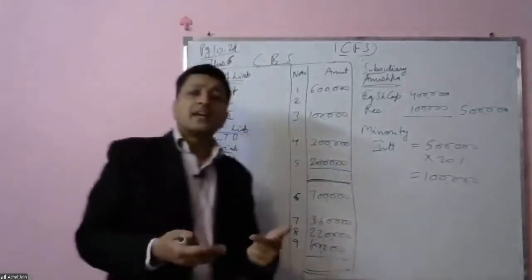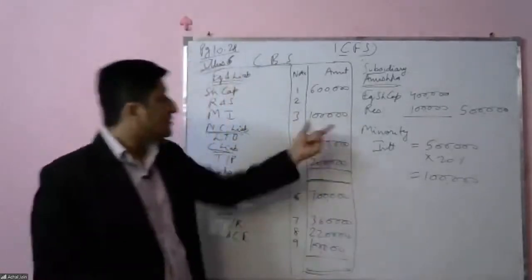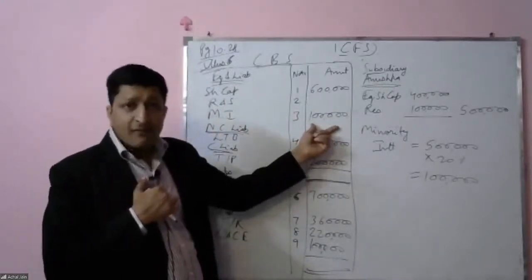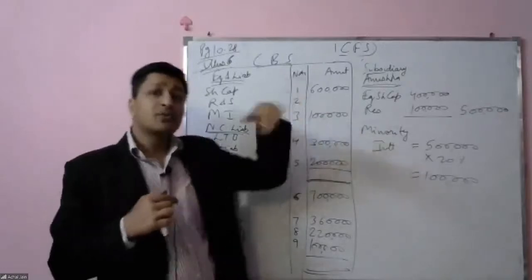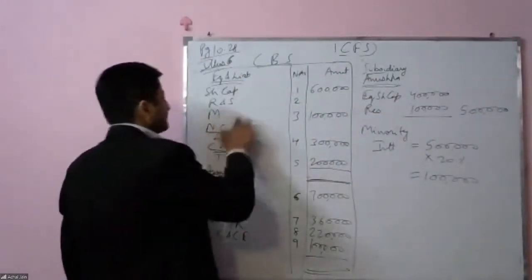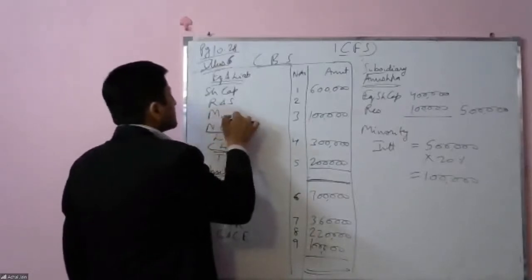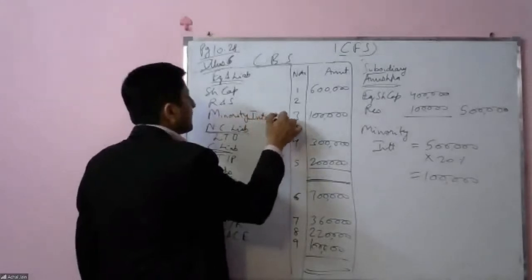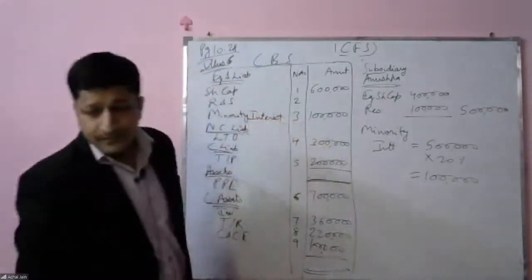And because you have taken 100% of the assets of the subsidiary, this entire balance sheet has got 1 lakh of the portion which belongs to minority. That's why you show minority over here. Otherwise, what is the purpose of including minority interest over here? Okay, clear?